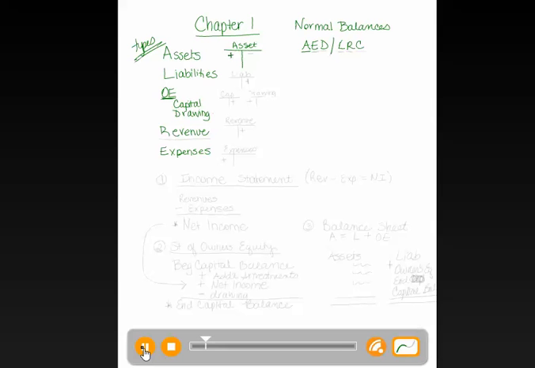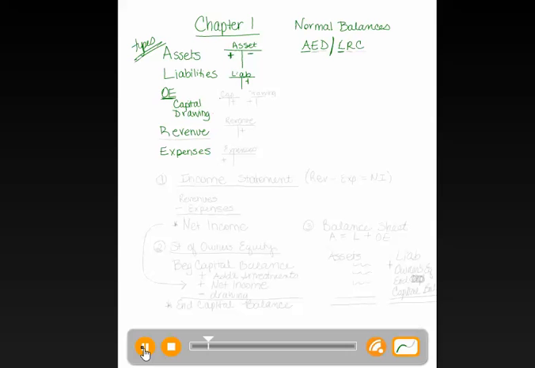So increases are going to happen on the left side, decreases happen on the right side, and you know that because A is on the left side of this sentence. Liabilities are represented by the L, so the normal balance of a liability is the credit side.